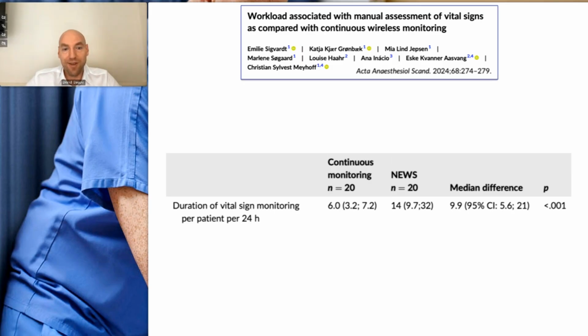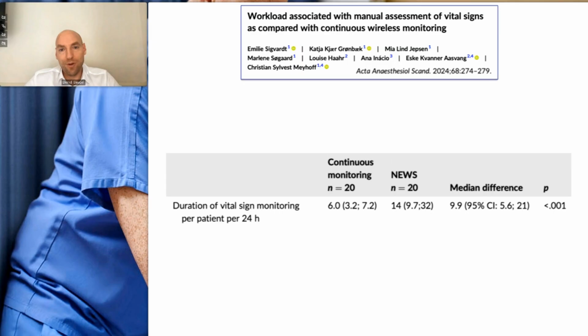Here you can see a very small pilot study, only 40 patients, but it's still important because it makes an important point. Nurses are sometimes afraid that continuous monitoring on normal wards may increase their workload because there are more alarms and more things they need to react to.